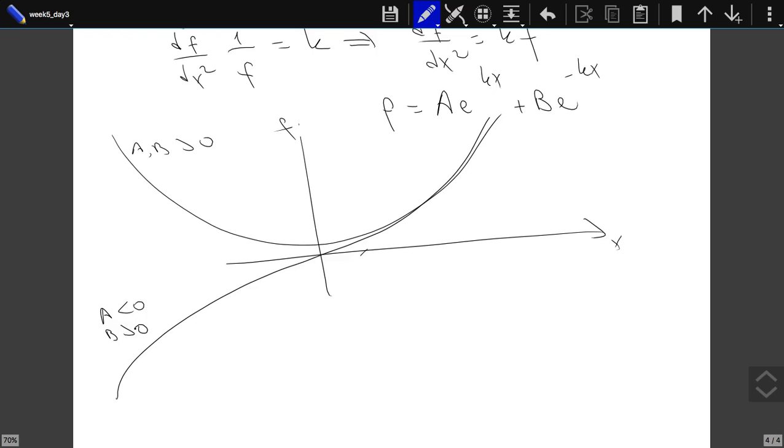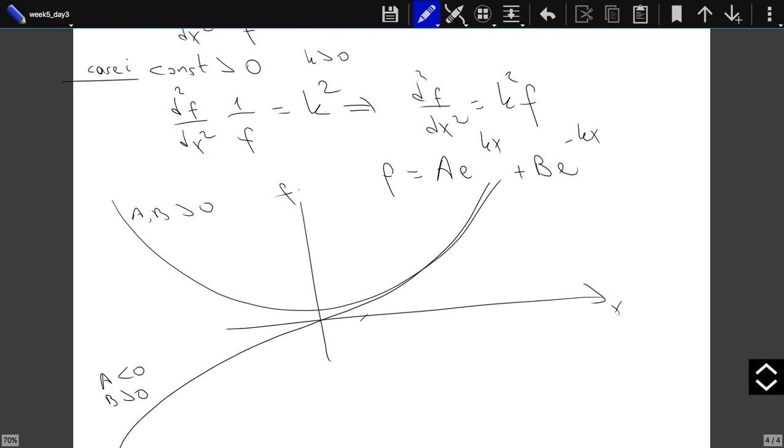Now the important thing about this function will be, if a and b are both positive, it never goes to 0. That is what will be crucial for us. If one is positive and the other one is negative, it will go through 0 only once. So basically this function can become 0 only once at most.